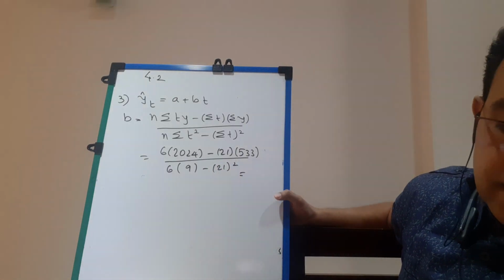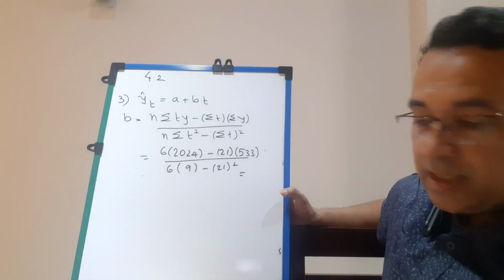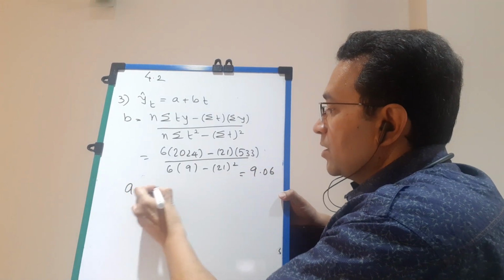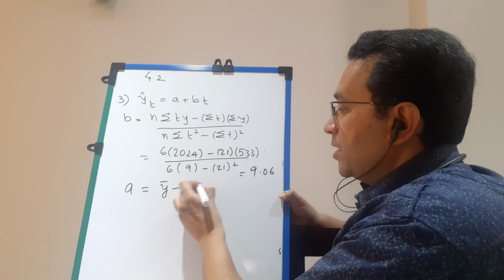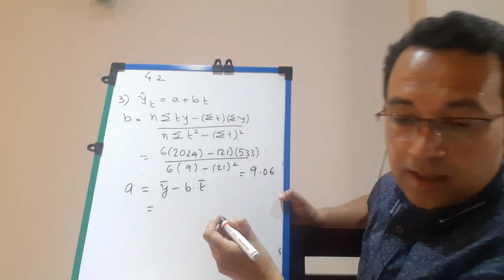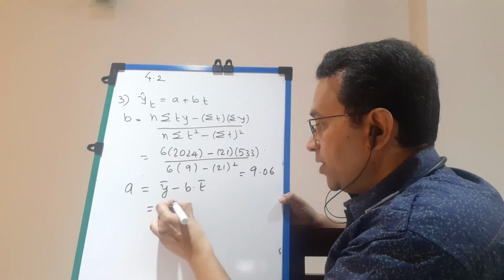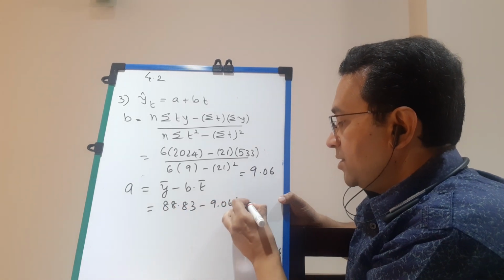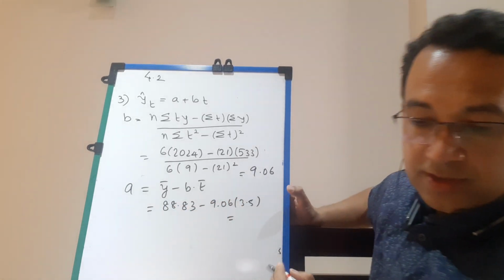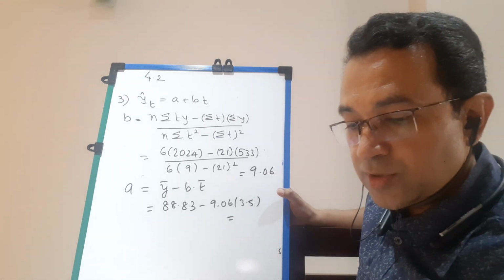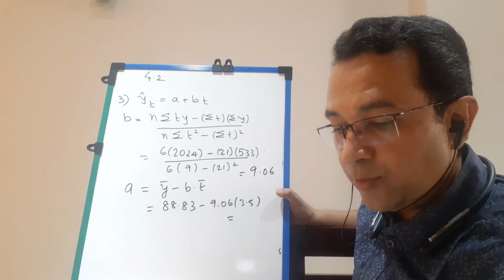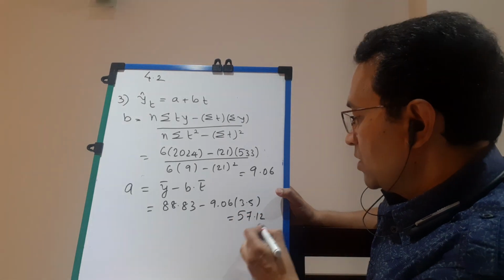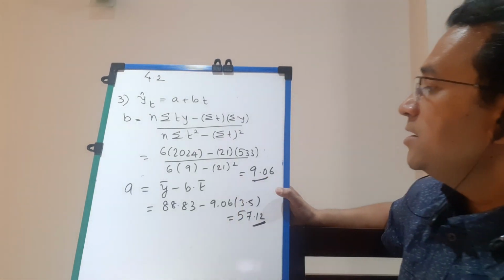Simplifying this, the answer comes out to be, students, 9.06, and a is y bar minus b into t bar. y bar was 88.83, b is 9.06 and t bar is 3.5. Students, this answer comes out to be 57.12. So these are the answers of a and b.